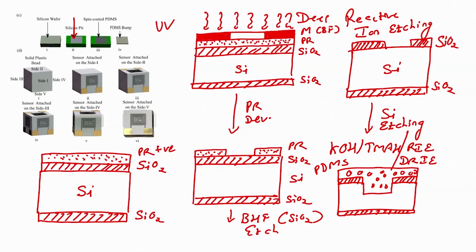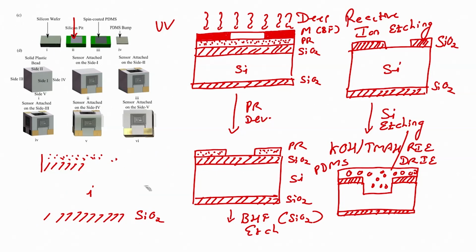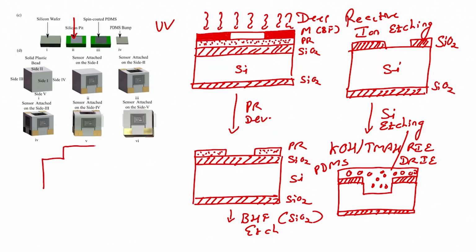So, when I pour PDMS and cure it, how should it look? It will look like a bump, and the height of this bump depends on the depth of the pit, right. So, this is the PDMS bump.